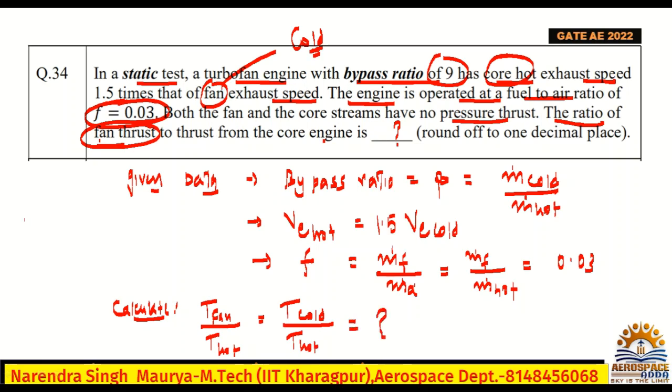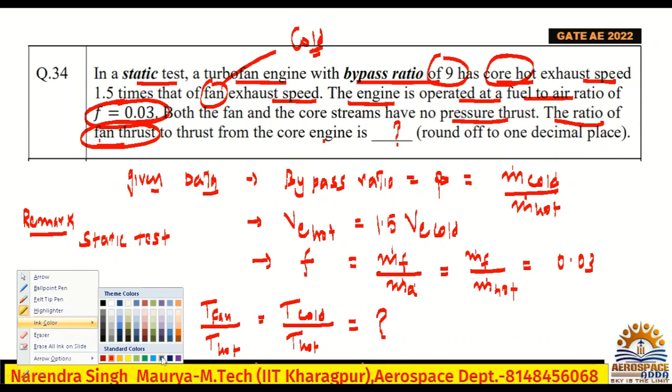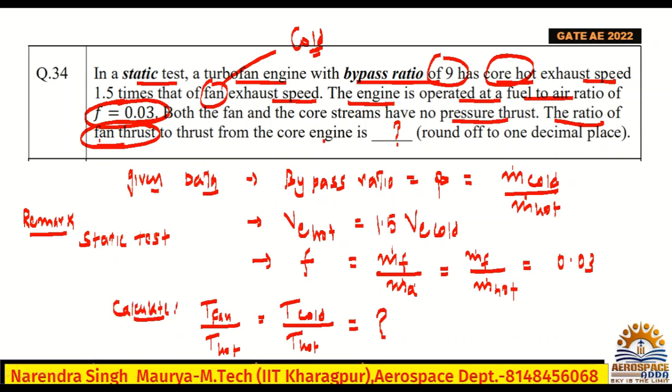One very important remark I will tell you here. They have given a static test. What do you mean by static test? It's very clear: the engine is working, that's the reason they have given exhaust speeds for the hot air and for the cold air.